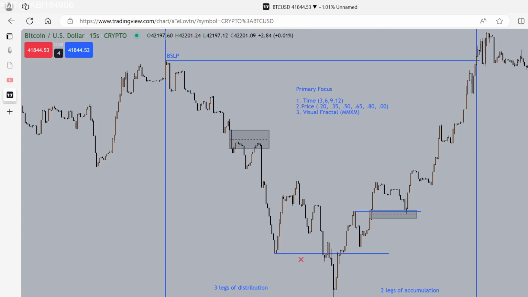We have the Williams %R at the bottom. I don't know if you guys can see it because of OBS, but you guys know my setup if you've seen previous videos on this channel. Price is failing to take out a higher high, but the Williams %R is making a higher high.